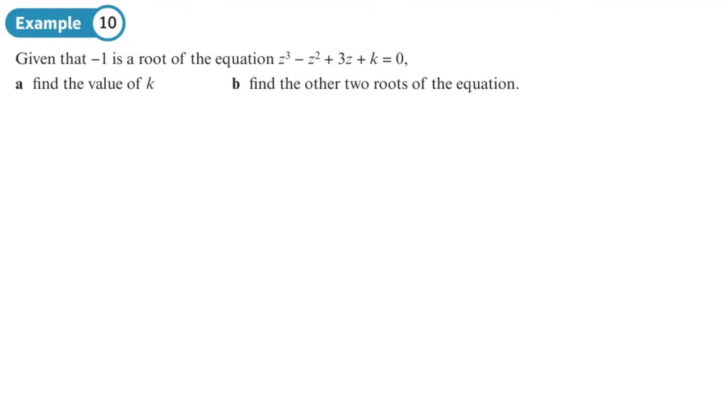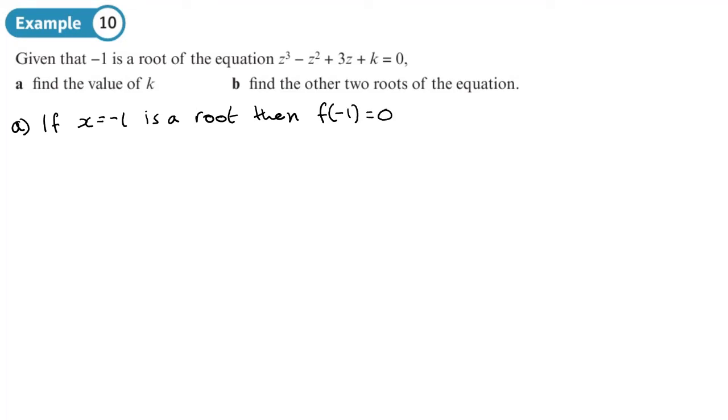Okay, given that -1 is a root of that cubic, find the value of k. Right, so we're going to be using the factor theorem. The factor theorem says that if x equals a certain number, here is a root, then f of -1 should equal 0.